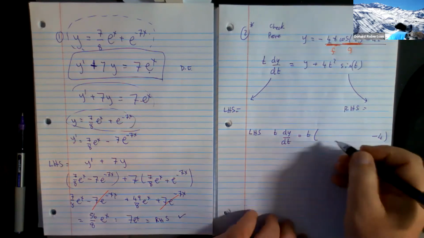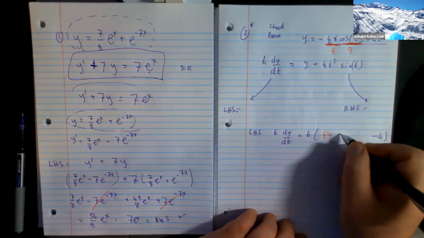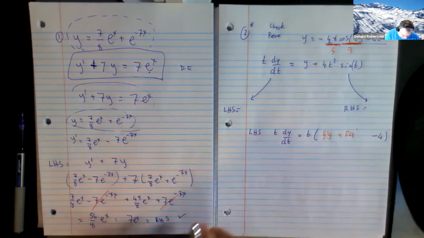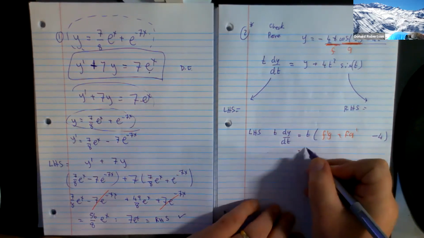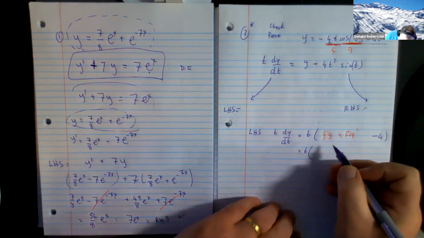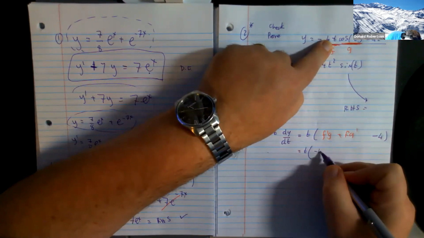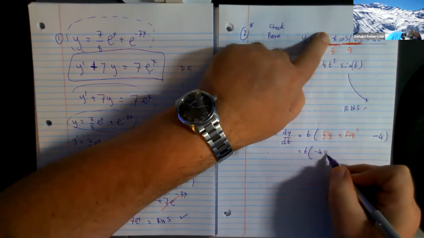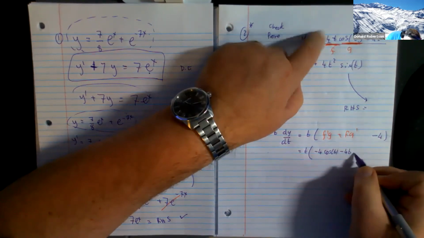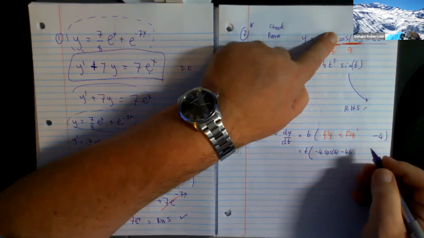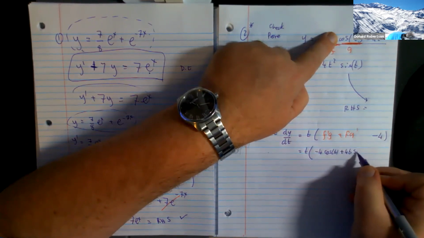So it's going to be f dash g plus f g dashed. Differentiate this guy, you get -4. Leave this second guy alone. Leave the first guy alone. And the derivative of cosine is negative sine.